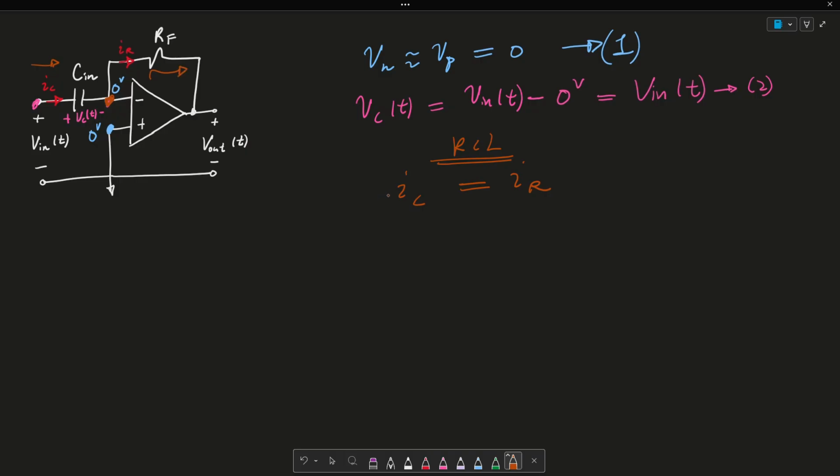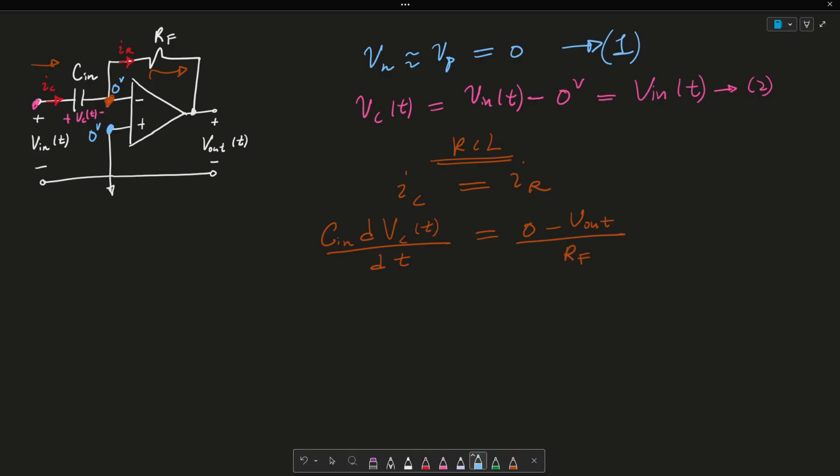The current across a capacitor, again, I've made a video on this, is going to be the capacitance Cin times the change in voltage Vc of t over time dt, which then equals IR. IR is essentially just the voltage across RF, so 0 minus V out over RF.